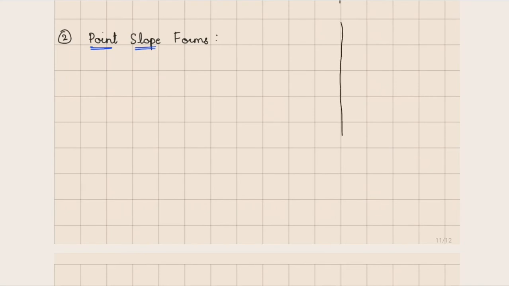Let's take this is the y and x axis. Let's take a random line. So we know some point M, which is some x naught comma y naught. This is not a variable point, this is a fixed point, and we know the slope of this line.